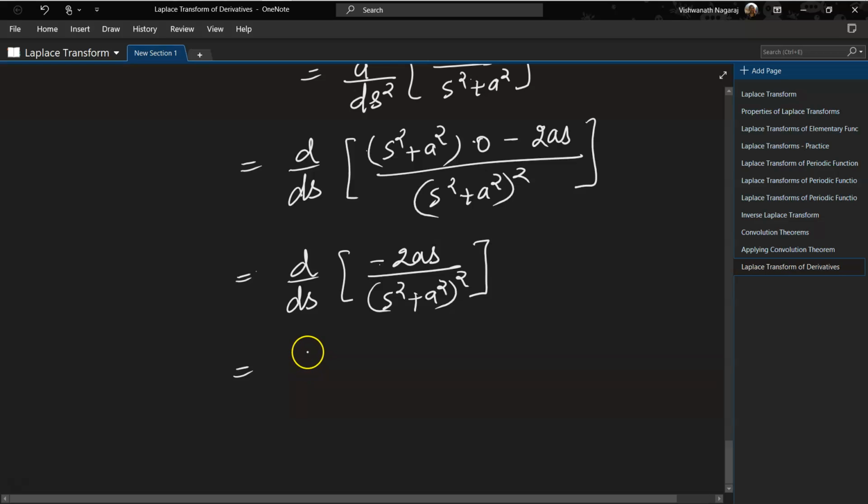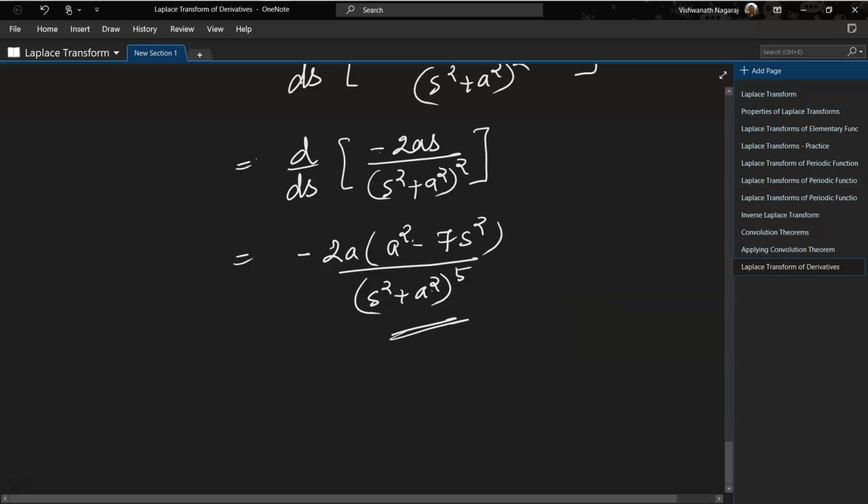So I have done it, so I'll just write the result. This gives you 2a times a square minus 7s square by s square plus a square to the power of 5. Okay, so that is Laplace transform of derivatives. That's it.